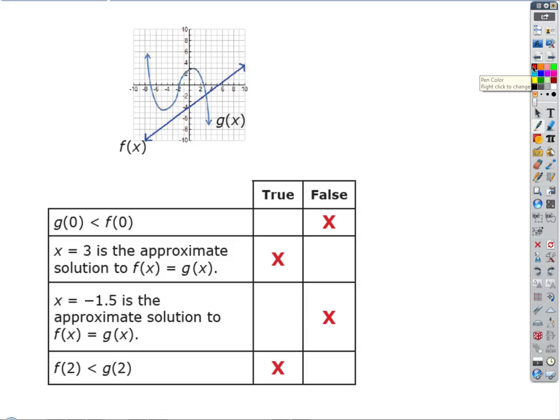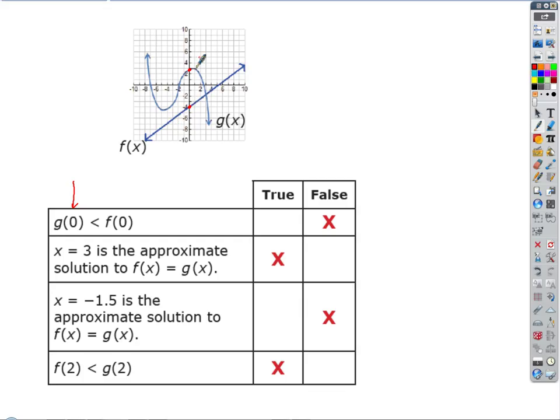F is the line and g is the curve, right? Well, what does it mean when we say g of 0? What are we doing to g of x? Putting in 0, right? So we're putting in an x value of 0. So g of 0 means that's going to be the value of the function right there when x is 0. F of 0 is going to be the value of the line, that function, when x is 0.